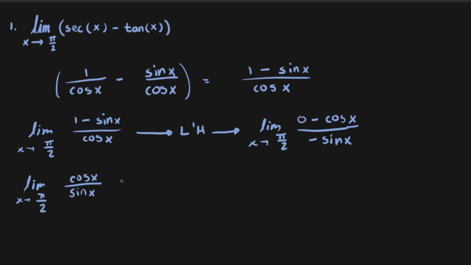Cosine of pi over 2 is 0, and sine of pi over 2 is 1. And 0 over 1 is 0. So our final answer to the limit of secant x minus tangent x as x approaches pi over 2 is going to be 0.